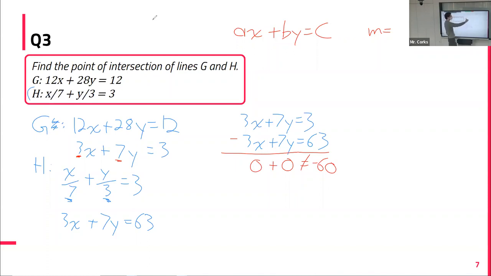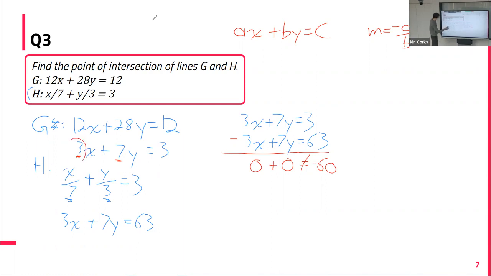Imagine if you rearrange this, we'd have by is equal to negative ax plus c. Divide both sides by b. Negative a over b. So that's our slope.